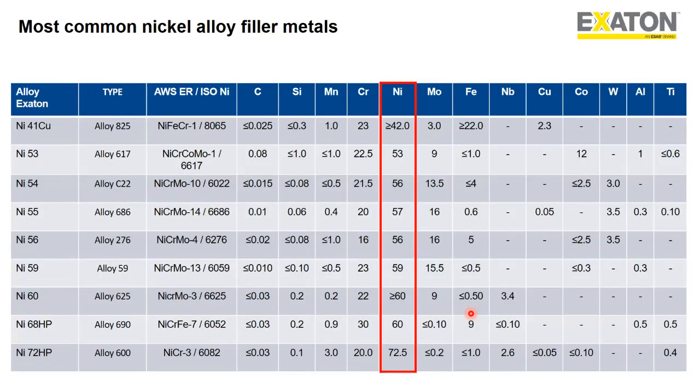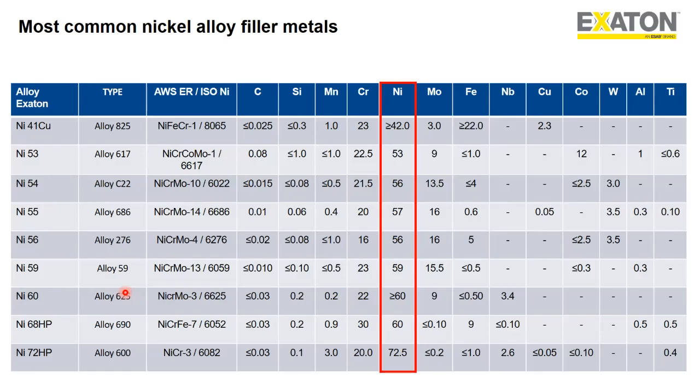In terms of what is commercially available, the Exciton range, we have 9 grades there, all listed in various ways. The way that we name them is by the nickel content. So Ni41Cu is our 825, Ni60, 60% nickel is our 625, for example.